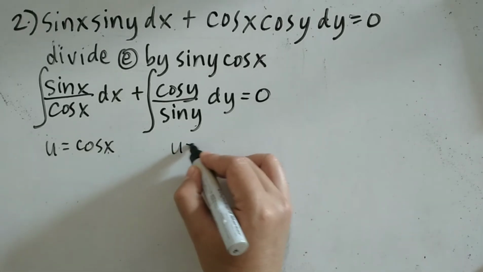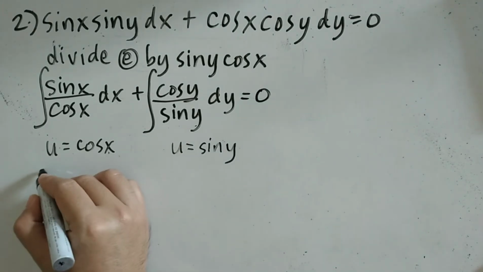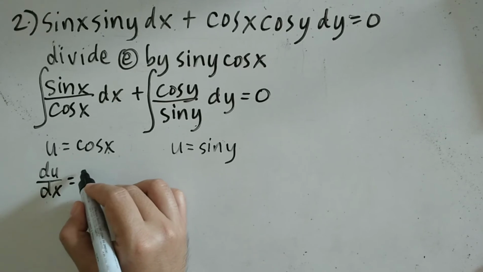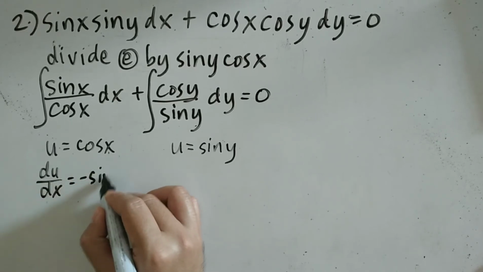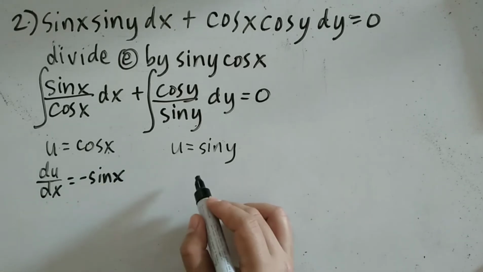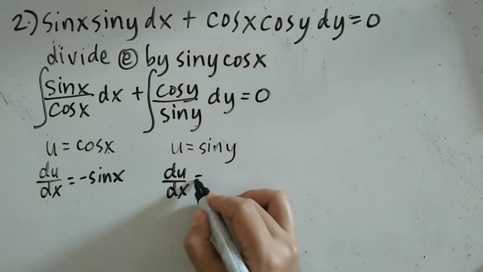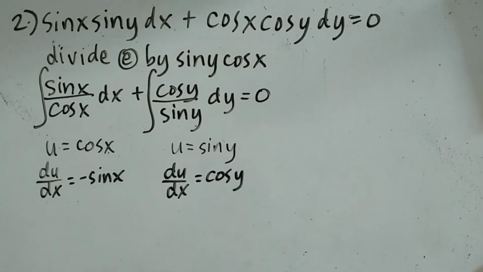And here our u is sine of y. The derivative du over dx, since the derivative of cosine is negative sine of x, and the derivative of sine y is cosine of y.